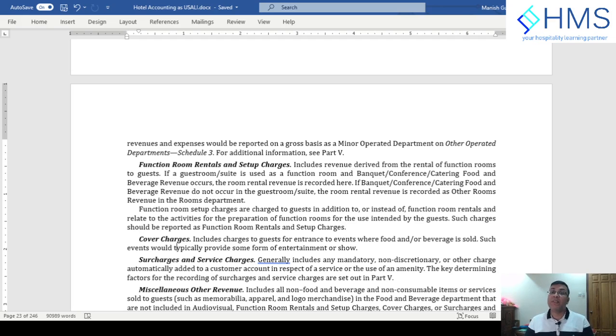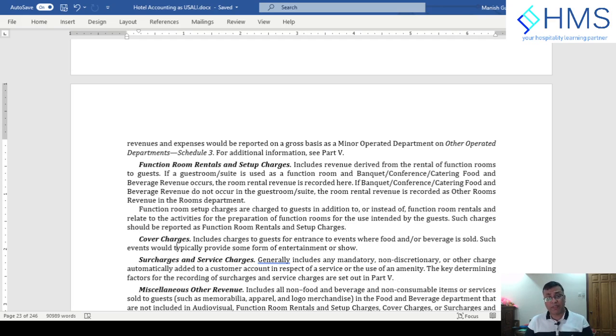So basically you are not charging for entry, you are charging for a drink, and the revenue will go to that particular food or beverage revenue. But sometimes you say you have to pay $2 but you don't get anything. You just pay to enter, and anything extra, beer or soft drink or food, you have to order in addition to the entrance fee. Then that amount will go as cover and other charges.